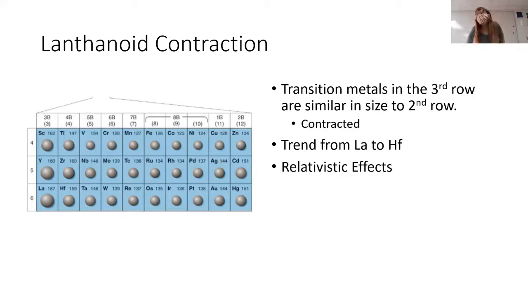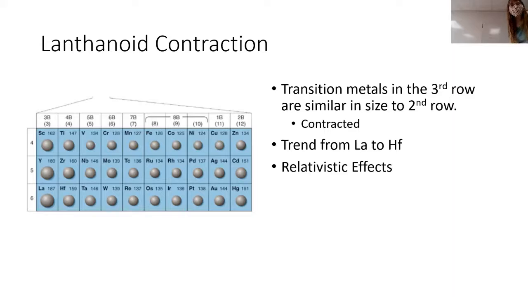Niobium is in there. Oh, tantalum was the bottom, sorry. Niobium is 146. Tantalum is also 146. So it is exactly the same size as the element up above it.